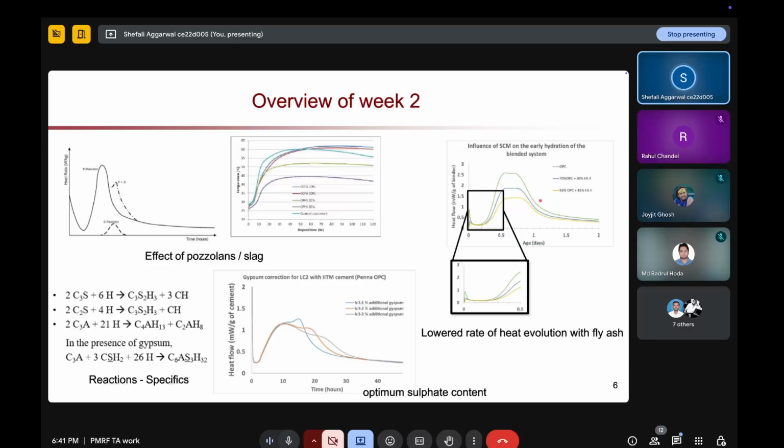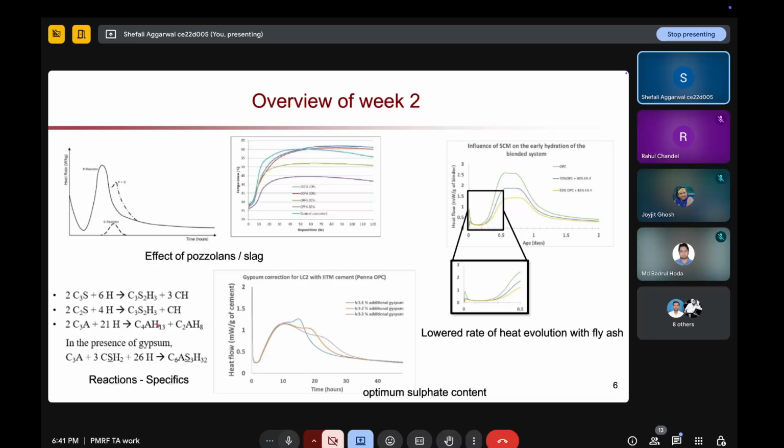You need to get its hydration curve and see how your cement is affecting the hydration process. Why is it required? The area under this curve gives me the strength value also in the total heat curve. So if my total heat is decreasing, the strength of that cement is also decreasing.